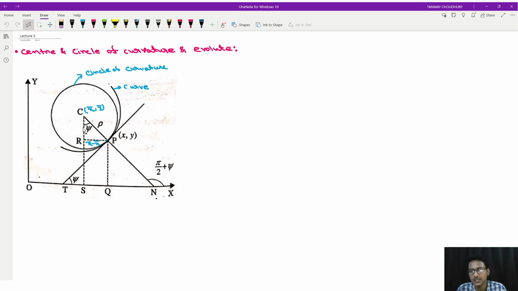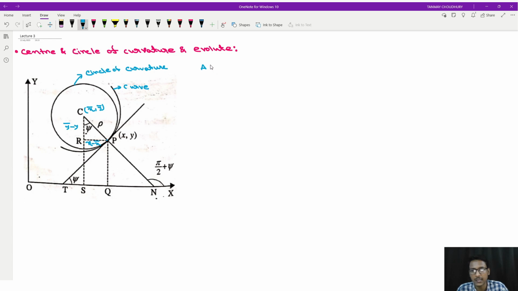Similarly, CR will be y bar minus y, because CR is CS minus RS, and CS we have assumed to be y bar, and RS is the same as PQ, which is y. So from this figure we are ready to find the values of x bar and y bar.